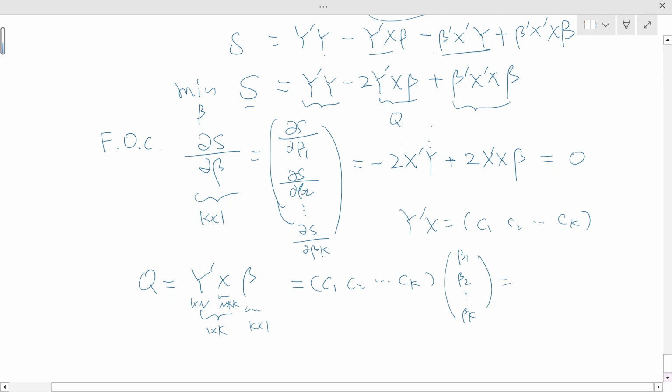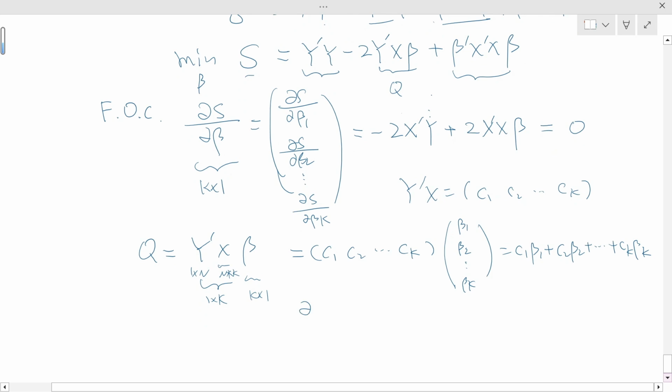This is just the rule of matrix multiplication. It's just c1 times beta 1 plus c2 times beta 2 plus ck times beta k. And now partial q divided by partial beta is partial q partial beta 1 until partial q partial beta k.